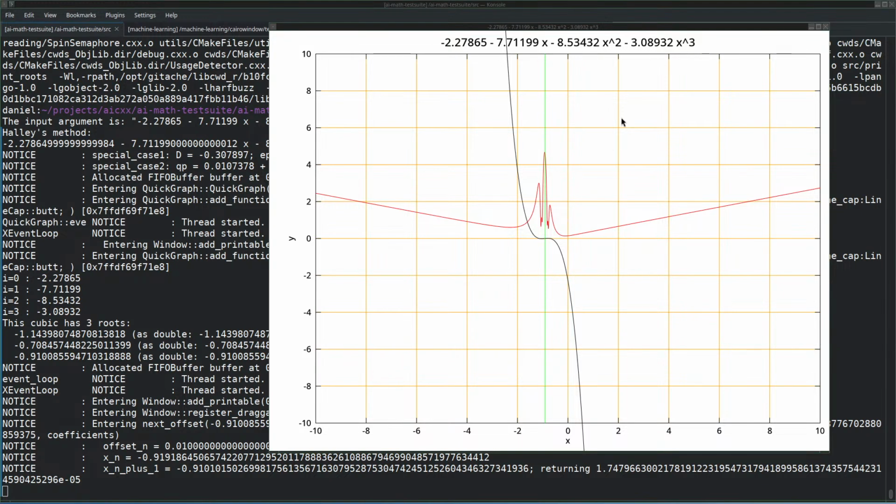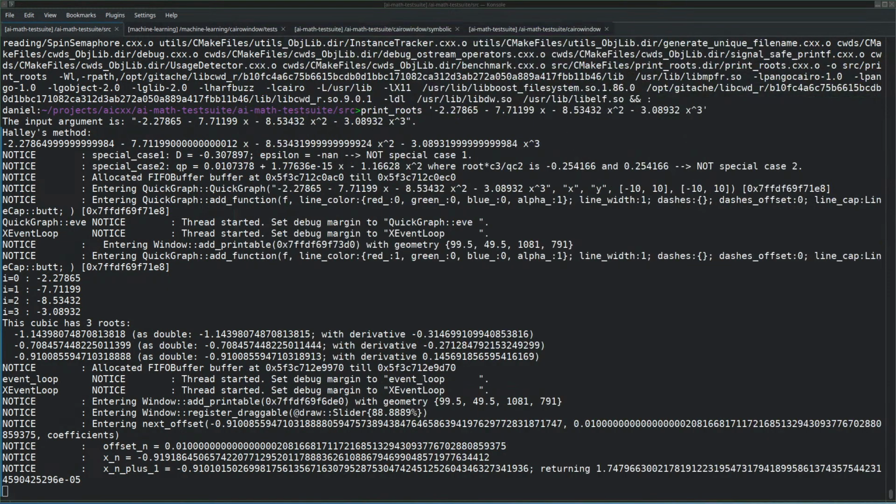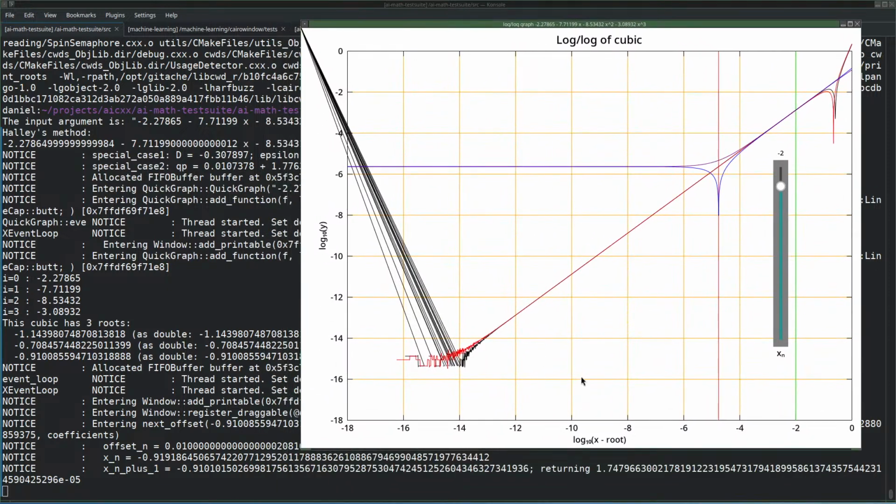Okay, but this is just not a very nice way to look at it. I think it is better to look at this here, which is double logarithmic, so you really see what's going on.